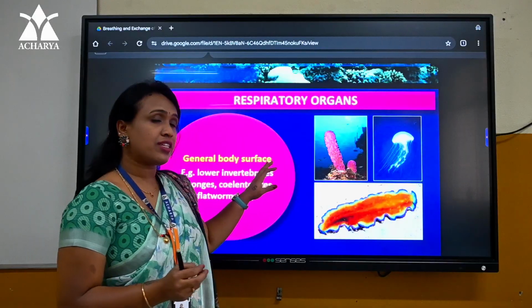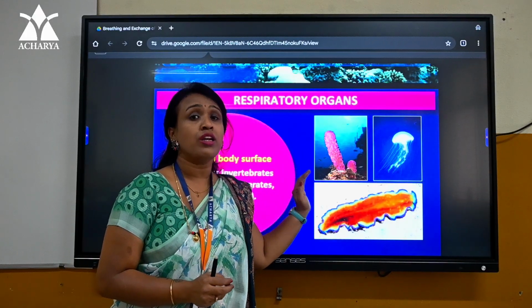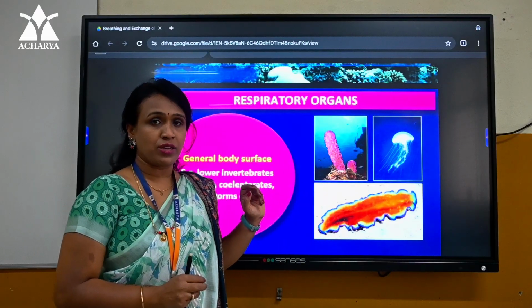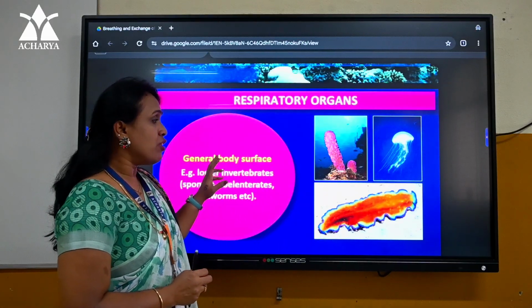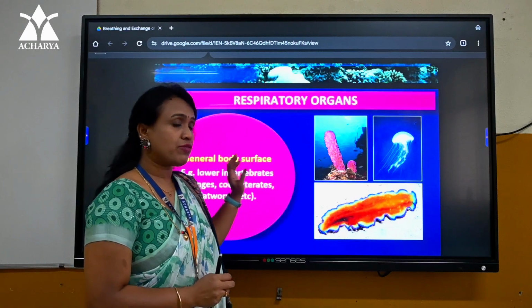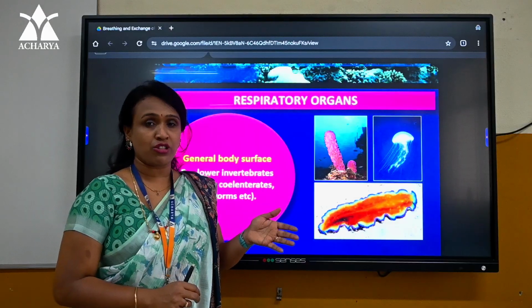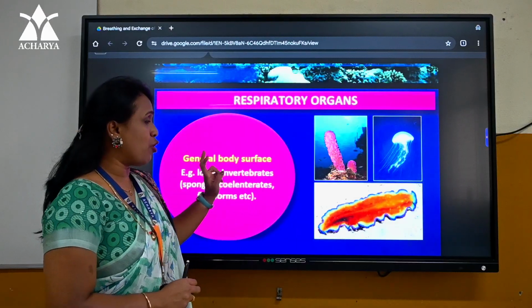Let us see the different types of respiratory organs that are found in different living organisms. Considering the very first, organisms in the lower invertebrates, the exchange of gases takes place through the general body surface.